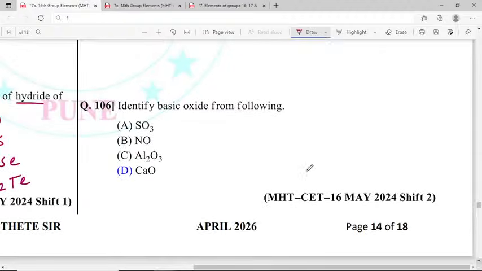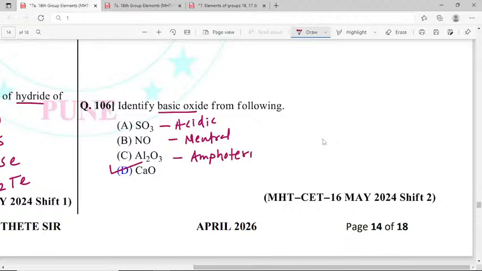So many times asked. Identify the basic oxides. Calcium oxide is basic. This is acidic. This is neutral. This is amphoteric. Amphoteric oxides.